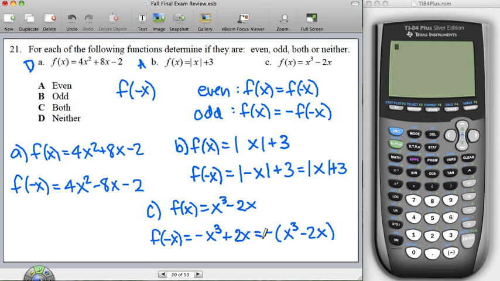So this is the same thing as negative f of x. So in this case, it's going to be odd. I'm going to put a negative right here. So f of negative x equals negative f of x. So I need to get rid of that extra negative there. There we go. So that's how you can tell the difference between them.